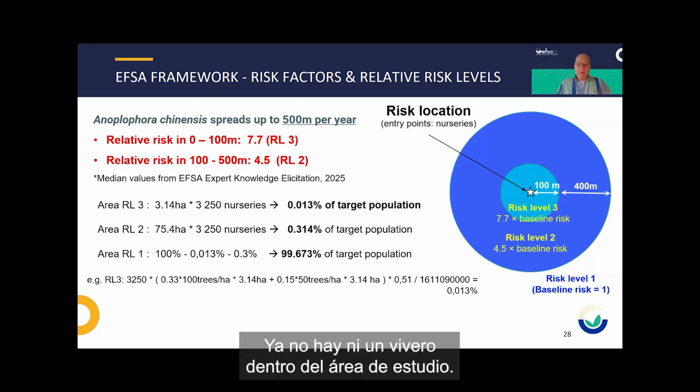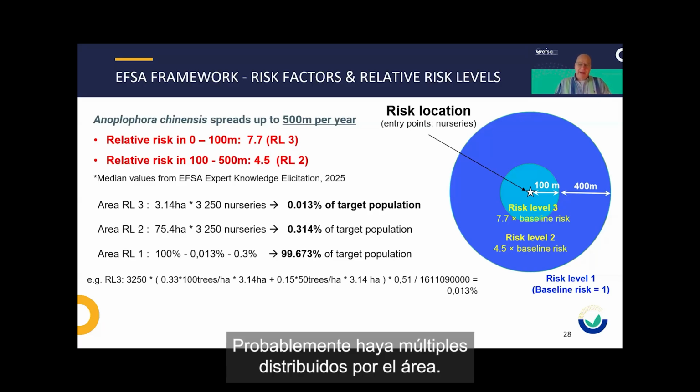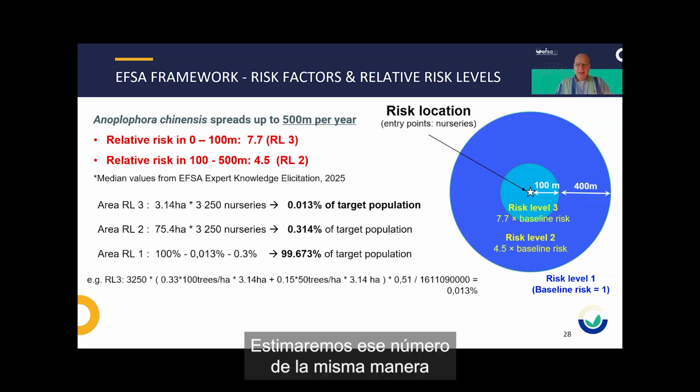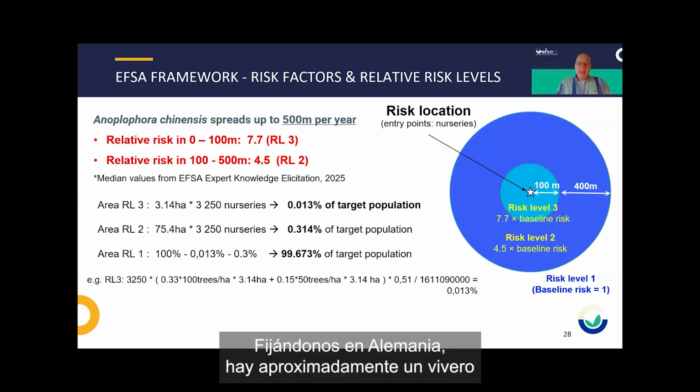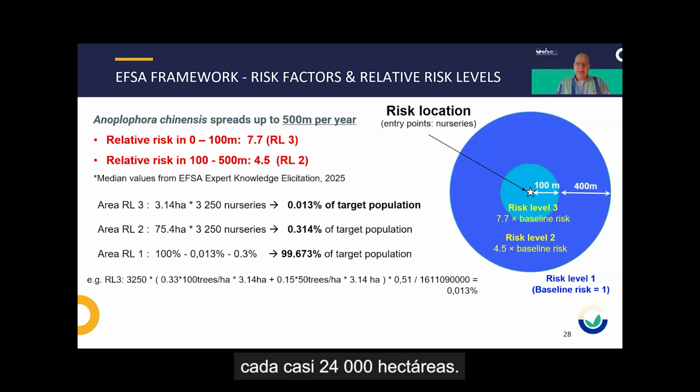Now we have not only one nursery, but probably in Surveyland there will be multiple nurseries. And we will try to estimate their number in the same way as we did with the forest coverage. We look at Germany, where we have one nursery about every 24,000 hectares.